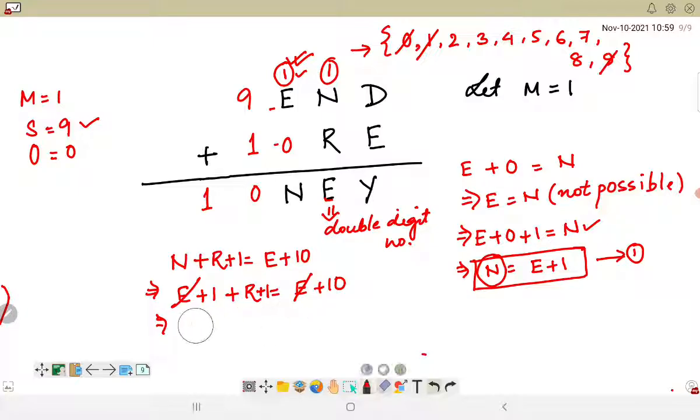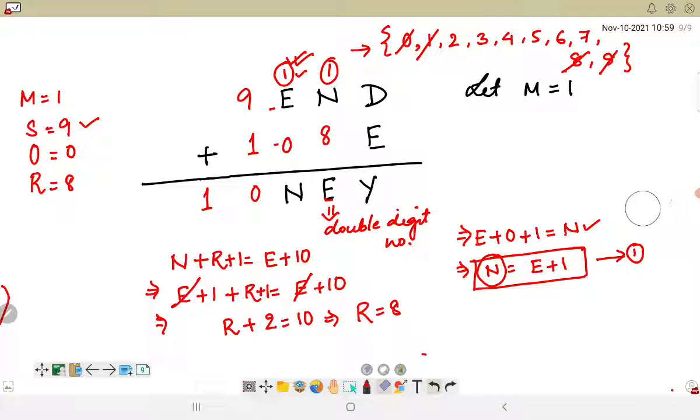So now this entire value would become r plus 2 is equal to 10, where r is equal to 8. So is 8 taken from the set? No, 8 is not yet taken from the set. So I can assign r as 8. So let us replace r here as 8 now.